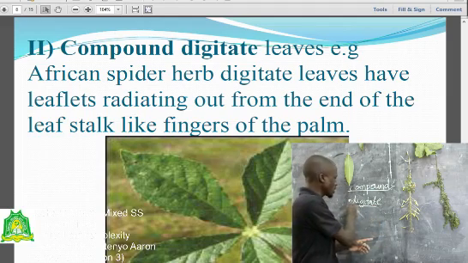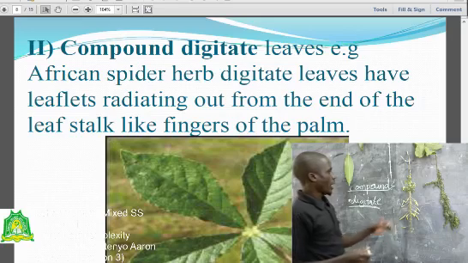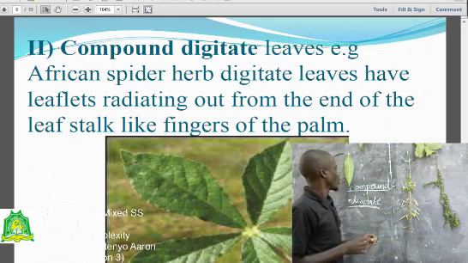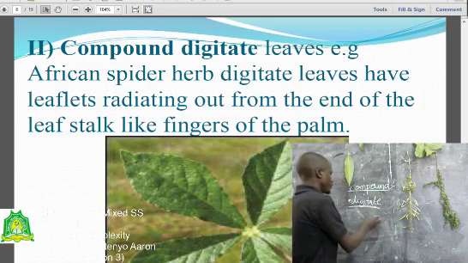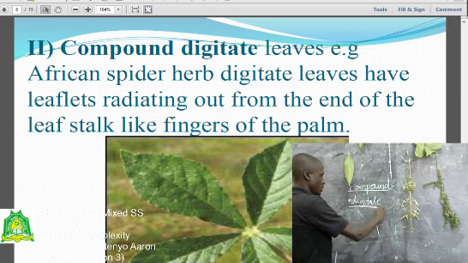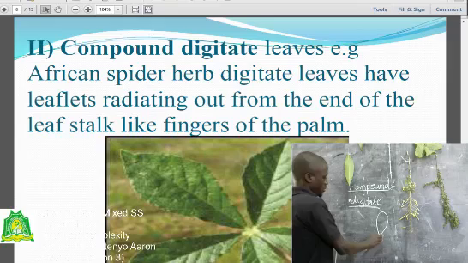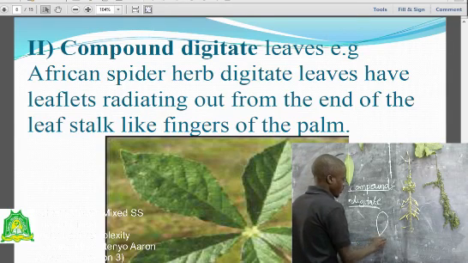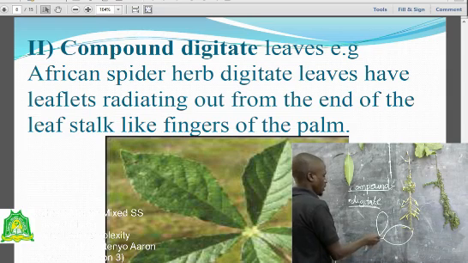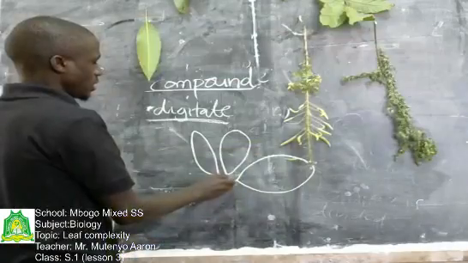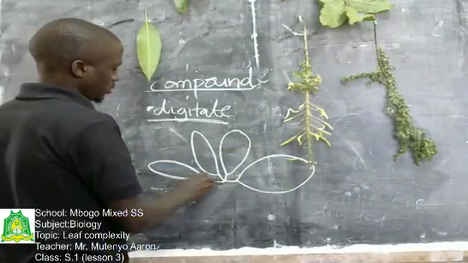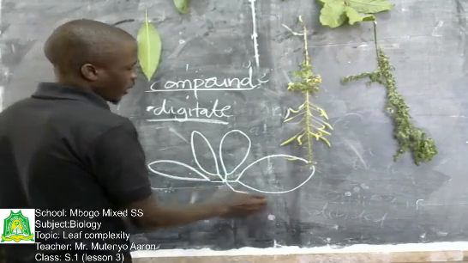We have leaflets, okay? And now this is an example where we have, for example, something like this. This is a leaflet. Then we have another one, like that. Then another one, and another one, about 5 of them.